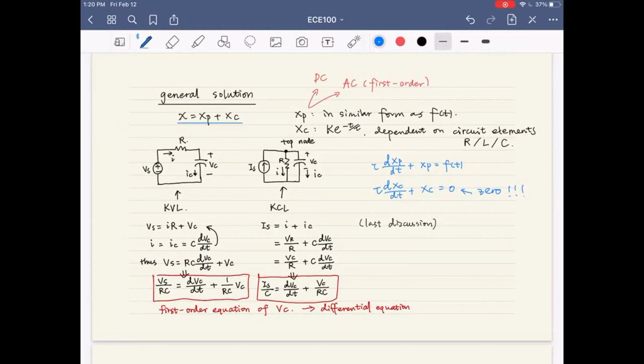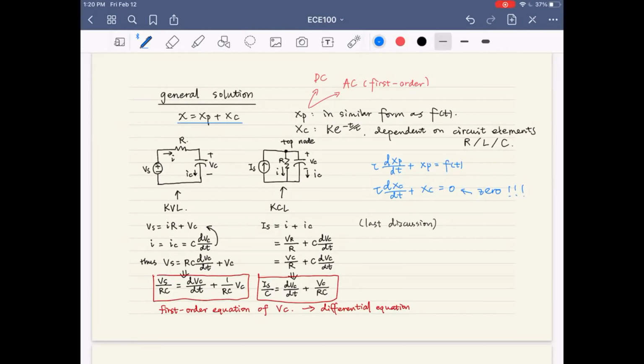Okay? So let's say that the capacitance and inductance, they can store some energy, right? But they cannot generate the energy themselves. They only store them and then maybe deliver them later, right? So within the circuit, the one who generates energy is the source.